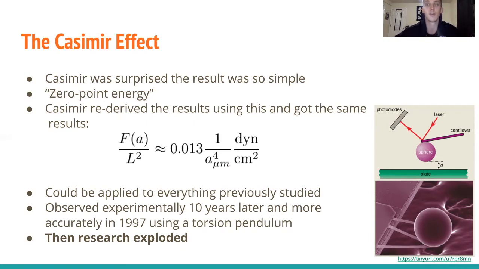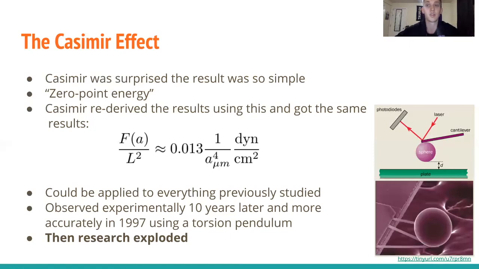And only photons whose wavelength fits a whole number of times between the plates can exist. And so as you bring these plates closer and closer together, less and less of these virtual photons can come into existence between them. And so this makes the vacuum energy between the plates less than the vacuum energy outside the plates. So there's this net attraction, or kind of this pressure on the outside of the plates.